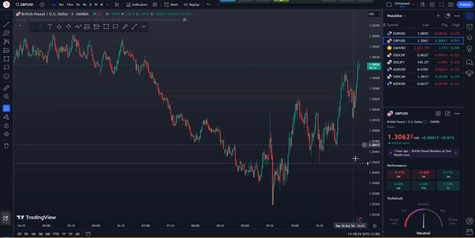This one has worked, this level reached here, and then goes up. I haven't put my alert at that level yet, because this one has worked.